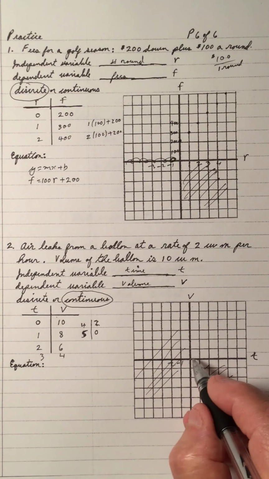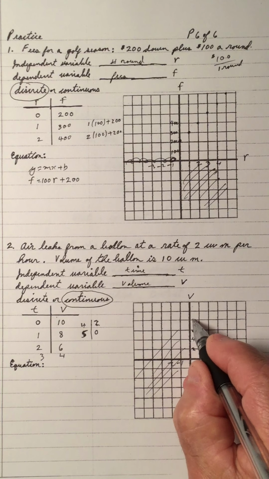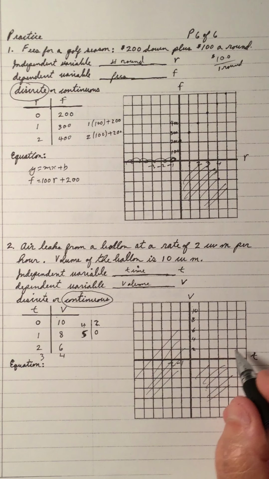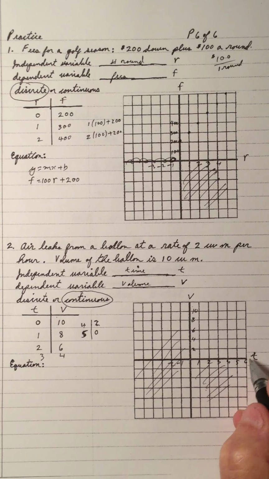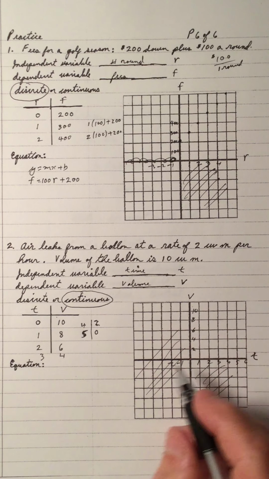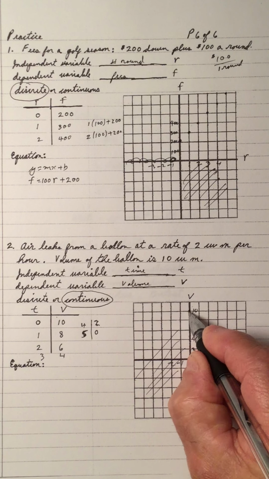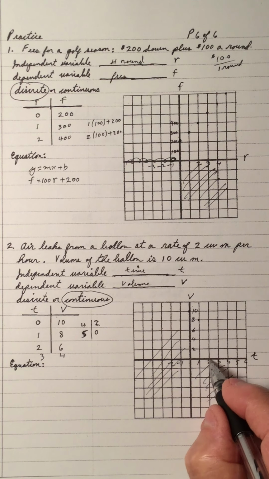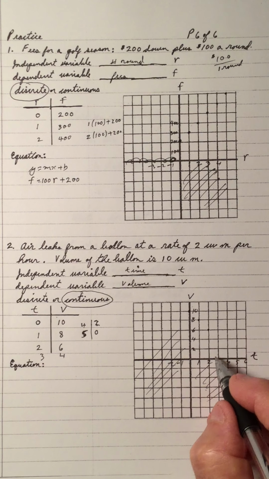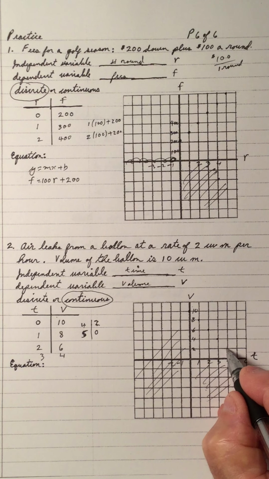So on the vertical axis let's go 2, 4, 6, 8, 10, and the time is 1, 2, 3, 4, 5, 6. Time is in hours. The volume is in cubic meters. So 0 time starts off at 10, and 1 hour is 8. 2 hours is going down, 6. 3 hours is 4. 4 hours is 2.